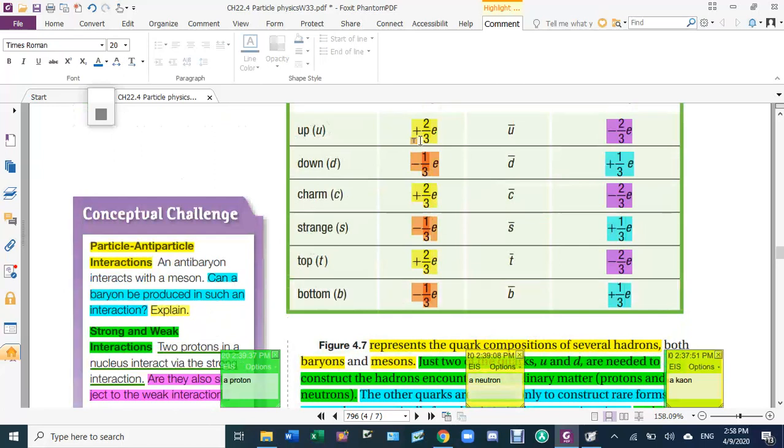What's here? Positive 2/3 e, minus 1/3 e, positive 2/3 e, minus 1/3 e, positive 2/3 e, minus 1/3 e, and the opposite for antiquarks.